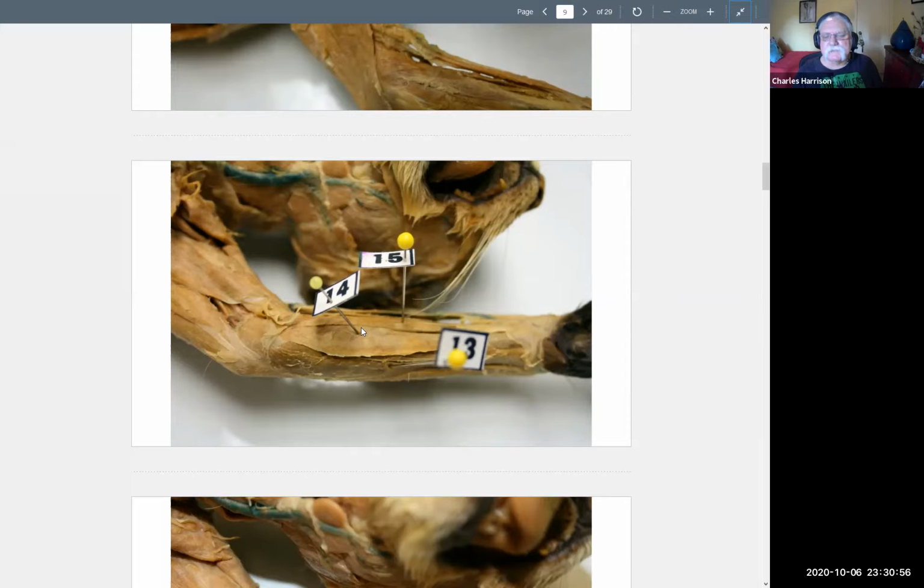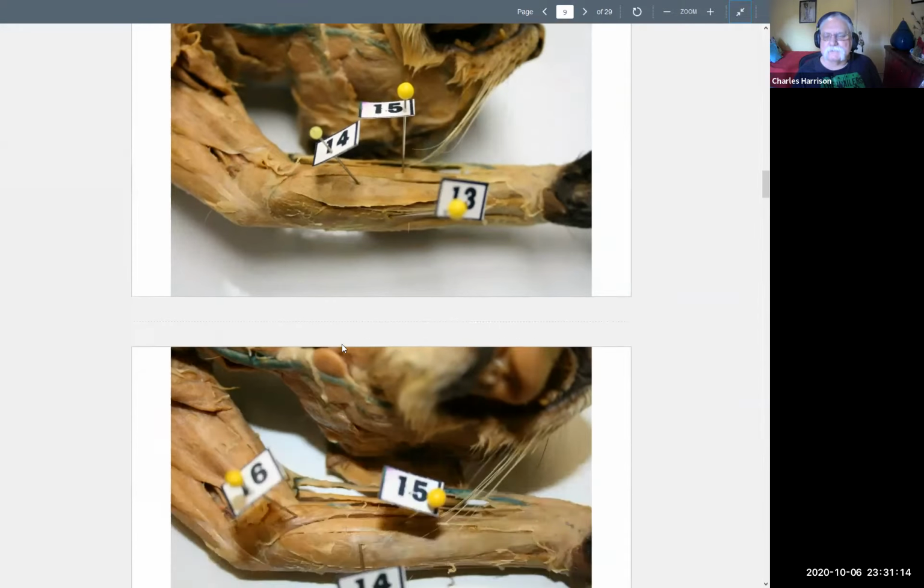On the other side of the palmaris longus is the flexor carpi radialis. So the 2 flexor carpis are on both sides here. And although it may look like one muscle, if you had it in front of you, you would easily separate it into 2 parts. All carpi muscles have two parts.